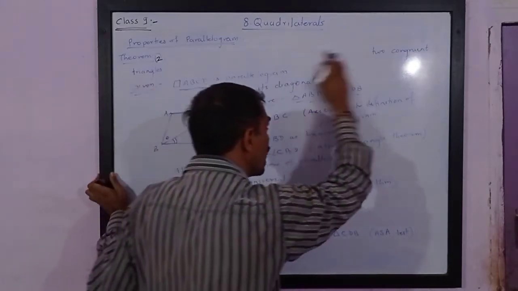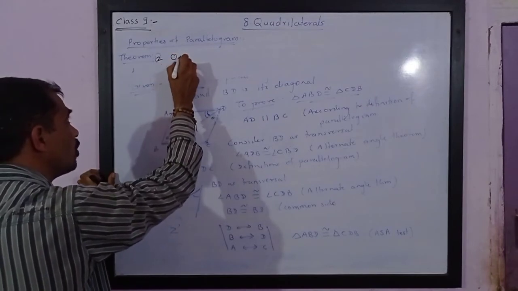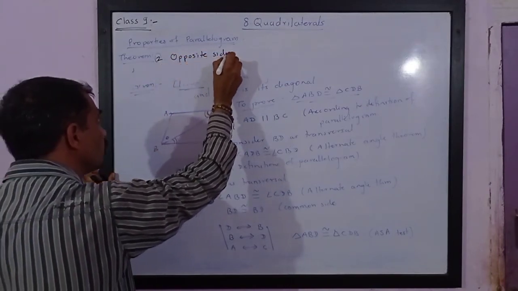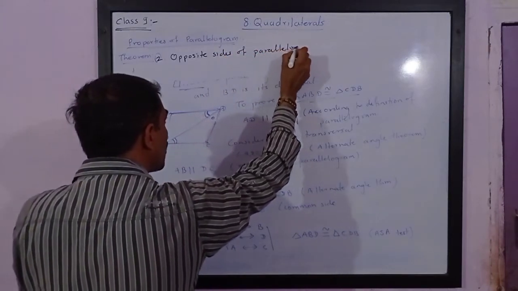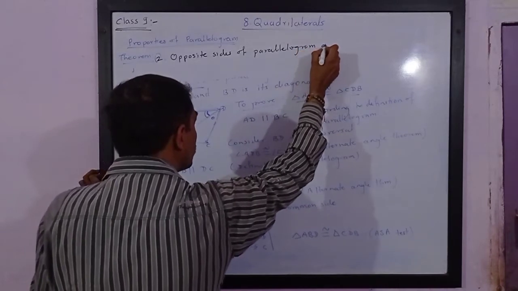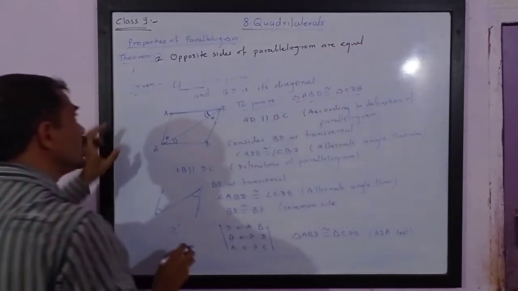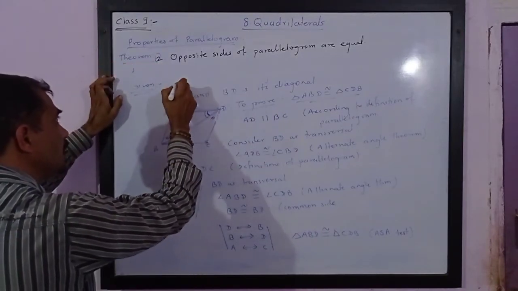So, the second property I am writing: opposite sides of a parallelogram are equal.